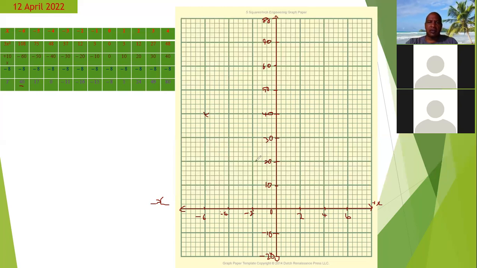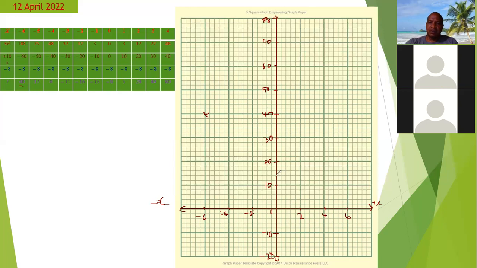The next point we would have is negative 5 with positive 17. Between negative 4 and negative 6 would be negative 5, right between the middle box, and we are going up to positive 17.